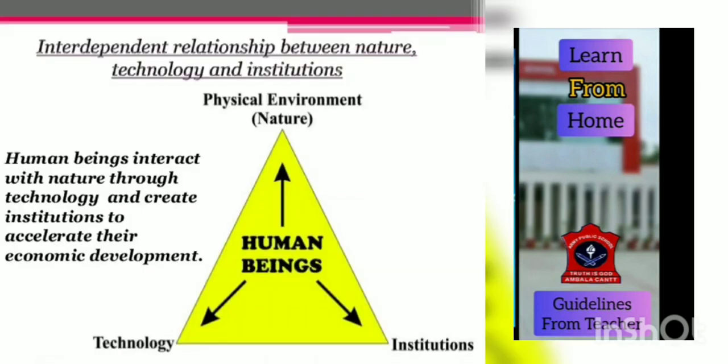There exists an interdependent relationship between nature, technology, and the institutions. When we transform natural gifts, we require technique, or in simple words, a method to transform these natural gifts.